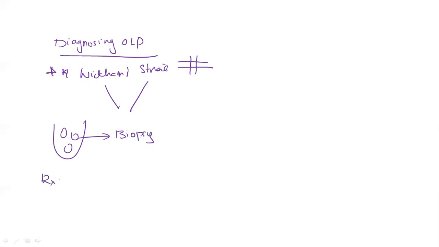Now coming to the treatment, corticosteroids can be used, as well as antifungal therapy can be given. And antifungal therapy is given to remove the candidal colonization, and vitamin A supplements also will be given.